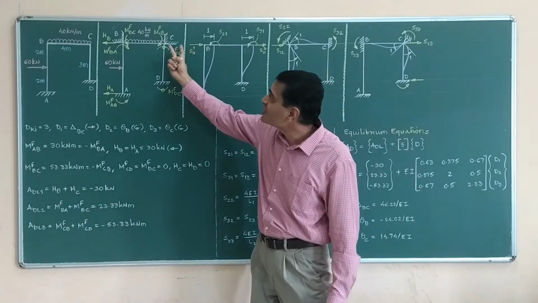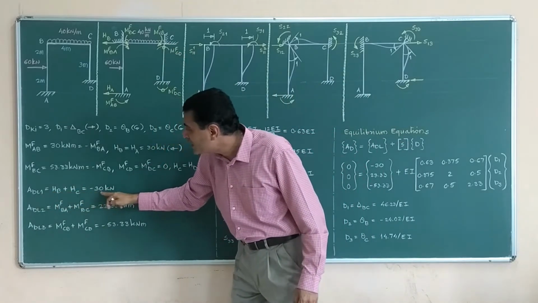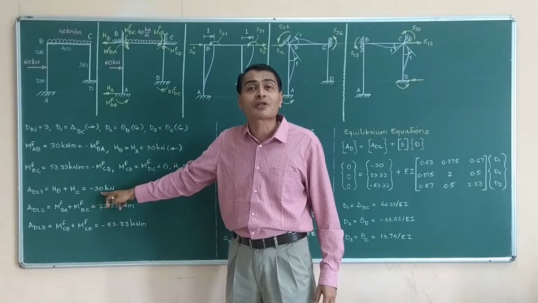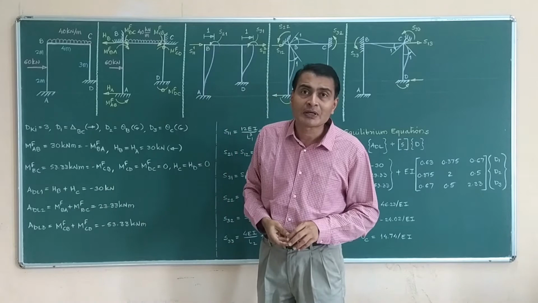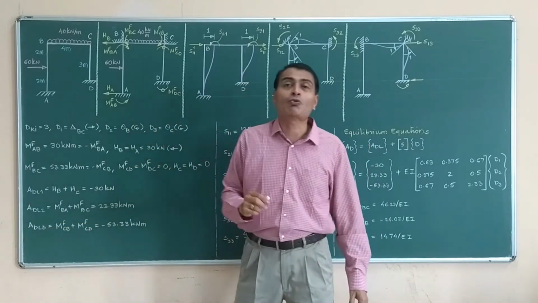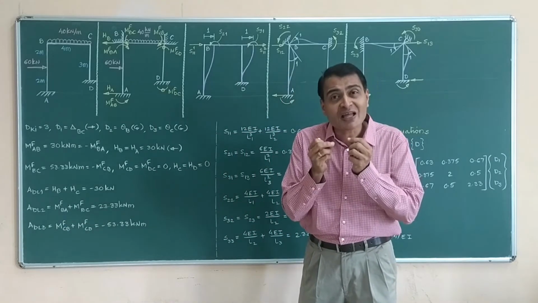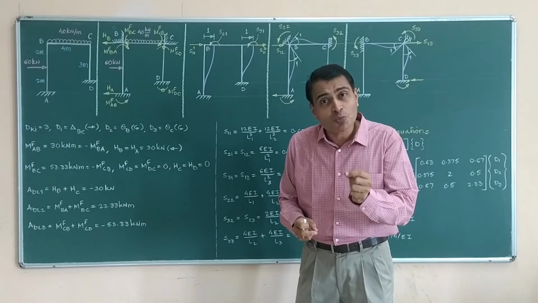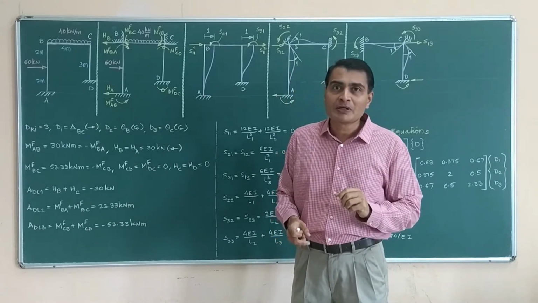However, since HC is 0, I am simply getting ADL1 as HB, that is equal to leftwards 30 kilonewtons, meaning negative 30 kilonewtons. And in the same fashion, we are writing ADL3. What is ADL3? In the restrained structure, it is the action corresponding to D3 because of loads.